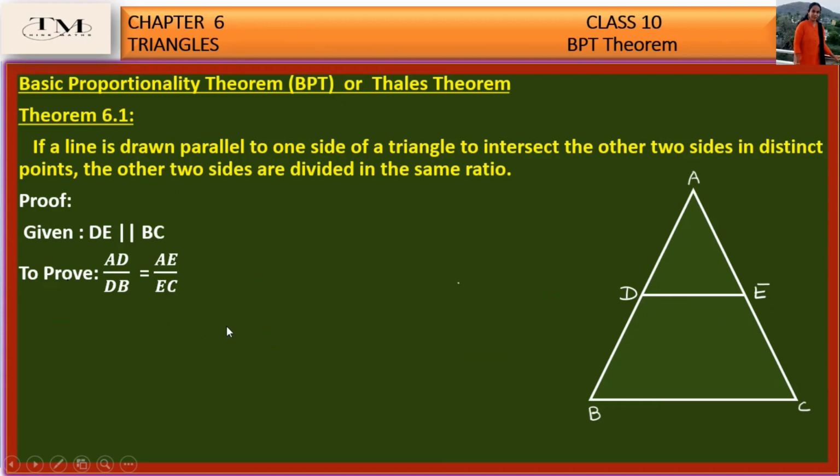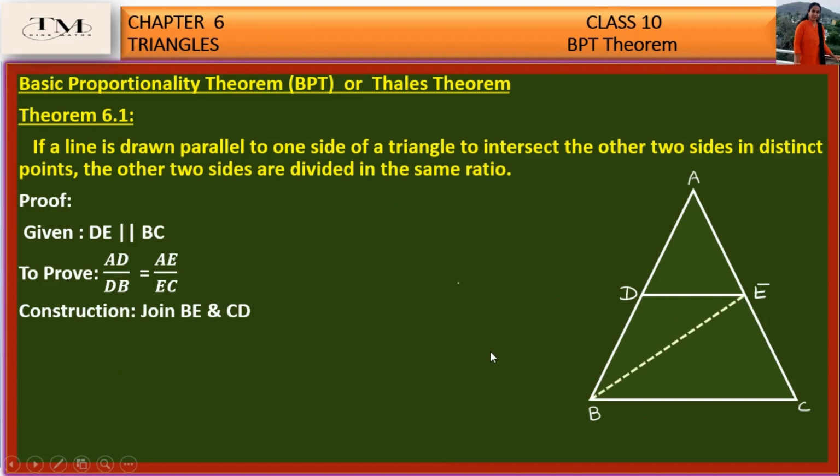So, we need some triangles. Look at the denominator. We have DB and EC. DB is here. So, we should frame a triangle so that we can find out the area, and in that area DB will be present. So, I am going to join BE and CD.